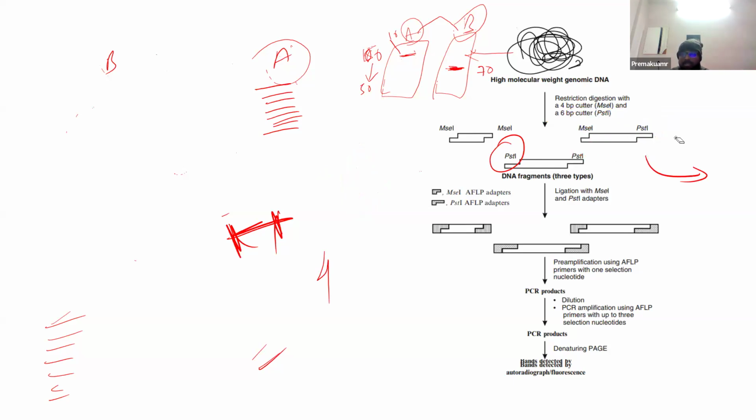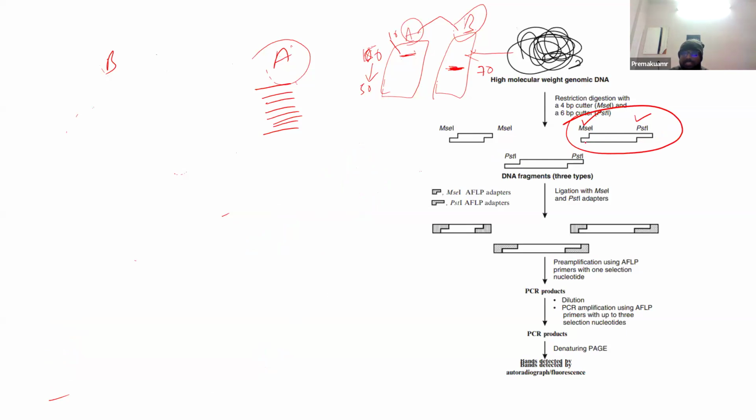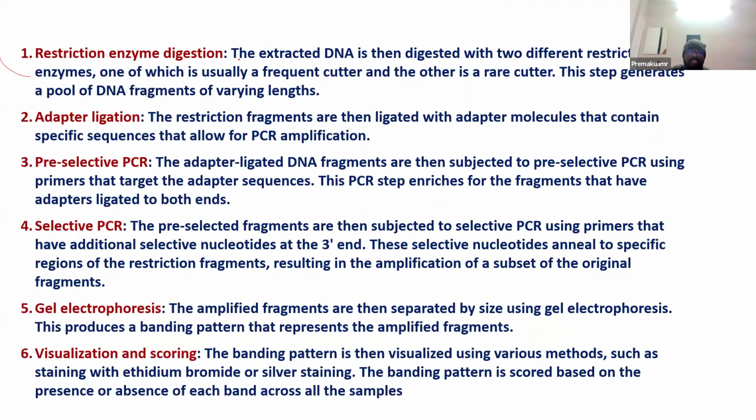The probability of getting a fragment having the restriction sites MseI and PstI like this is very, very low. Means your representation will go down, you are selecting only this type of bands. I will say, see, first, the extracted DNA is digested with 2 different restriction enzymes. One is usually a frequent cutter, another one is a rare cutter.